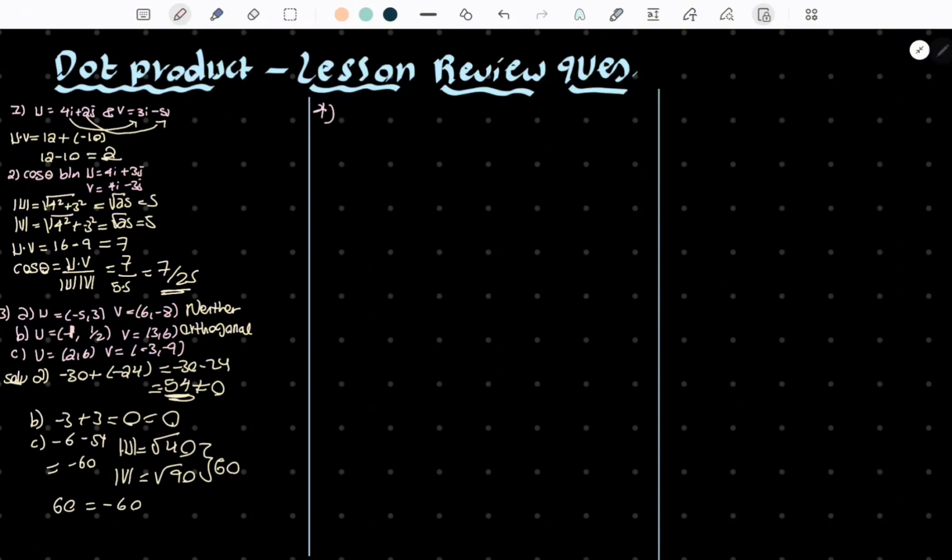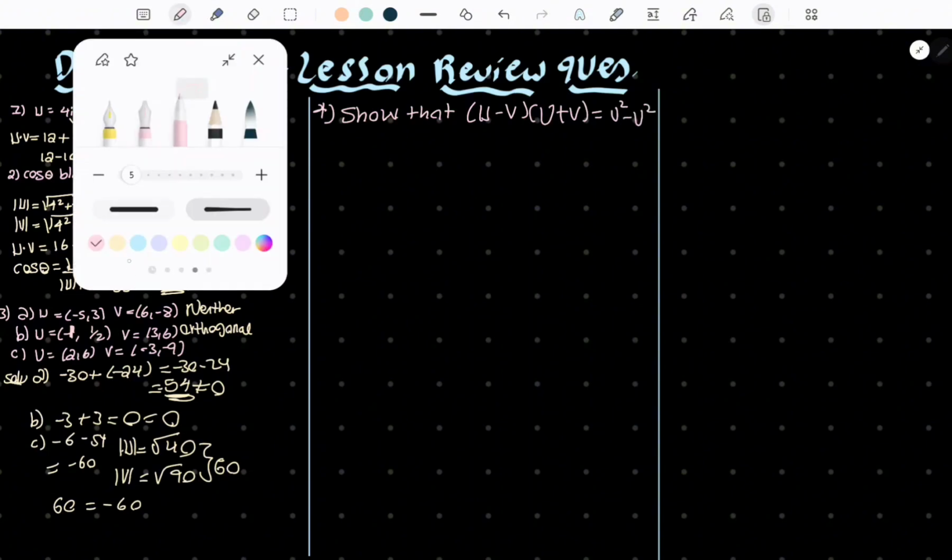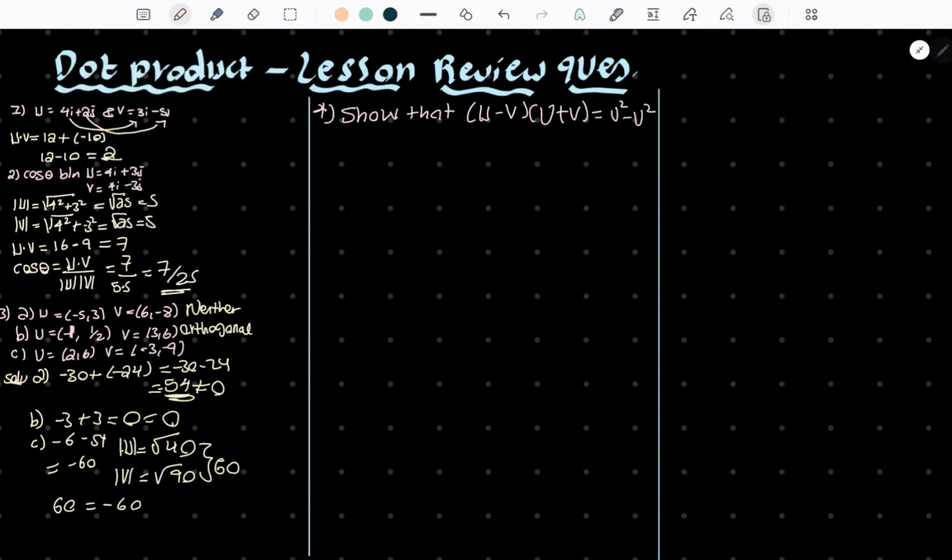The next question is to show that (u minus v) dot (u plus v) is equal to u squared minus v squared. This is really easy to show, because all we need to do is expand this particular multiplication.